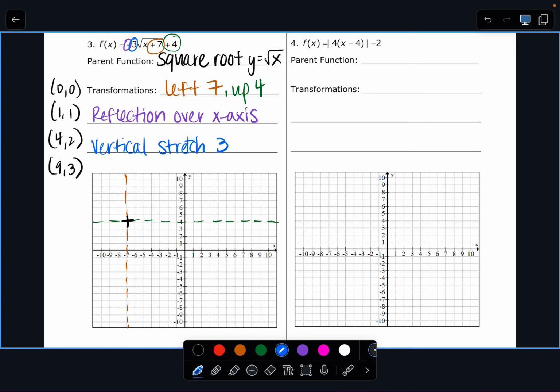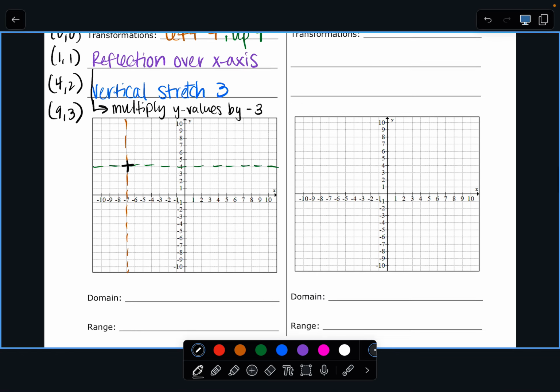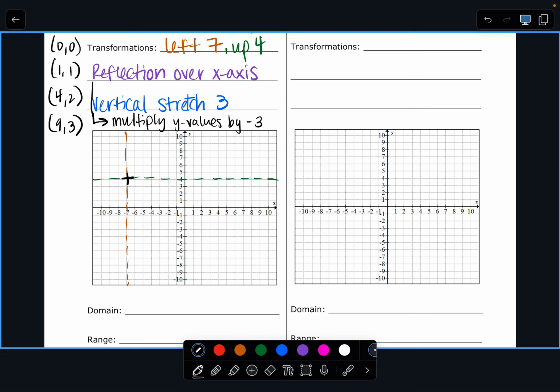Now, what I'm going to tell you, whenever I have both of these transformations at the same time, so I have a reflection and I have a stretch, and they're both going to affect the y values, you can apply both of them together. So what I'm actually going to do is, from both things, from the vertical stretch and the reflection, I'm going to multiply my y values by -3, because negative is going to change the sign of every point, and 3 is going to stretch every point. Yes?